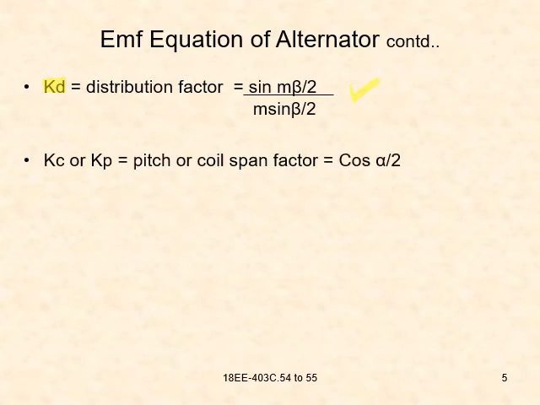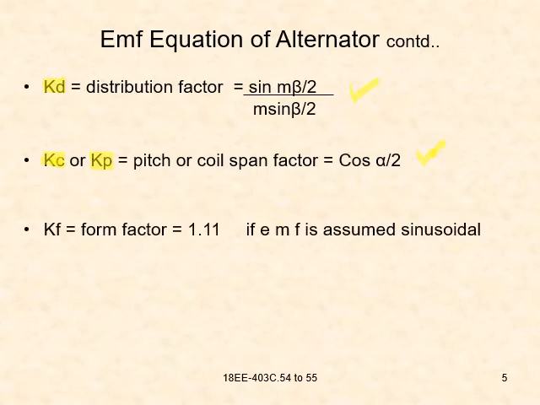Similarly, Kc or Kp is the pitch factor or coding factor or coil span factor, which is given by cos(α/2). And we know that Kf is the form factor that we have learned in electrical circuits, which is given by 1.11 if EMF is assumed sinusoidal.